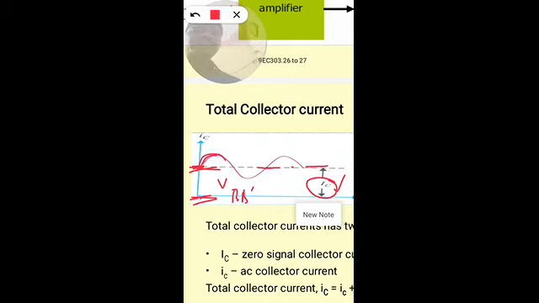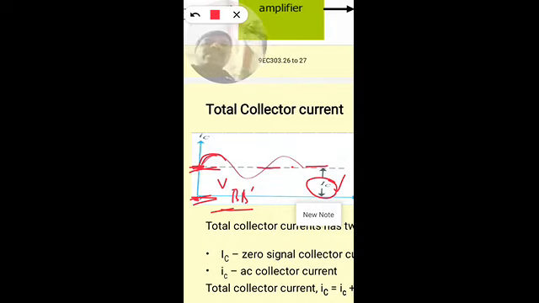When the signal is not applied, we have a current in the circuit, that is the DC collector current, because of the biasing voltage.